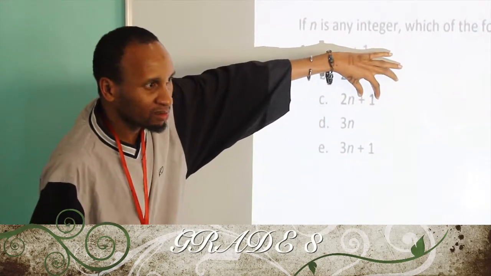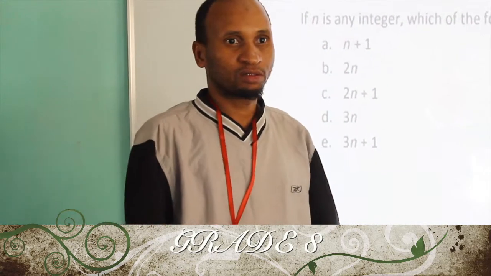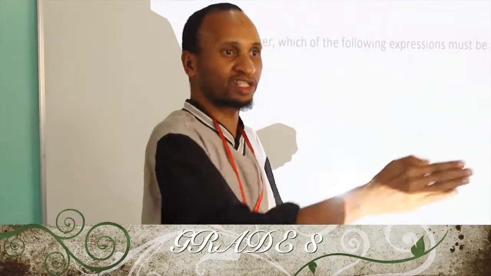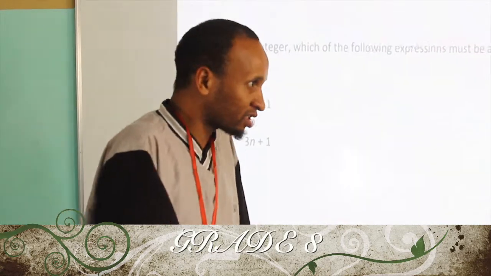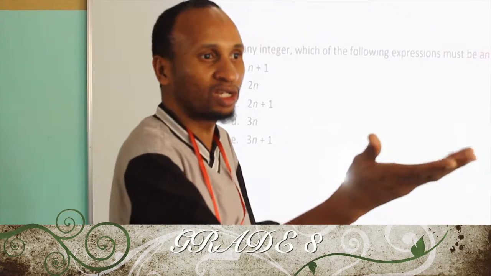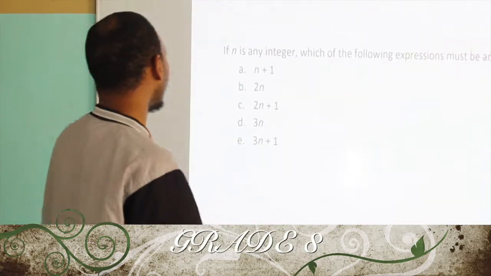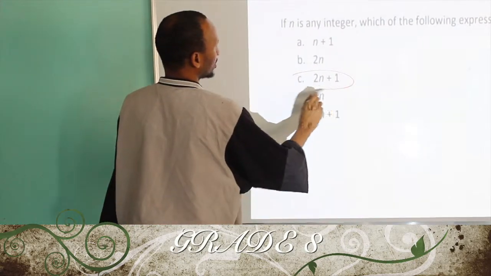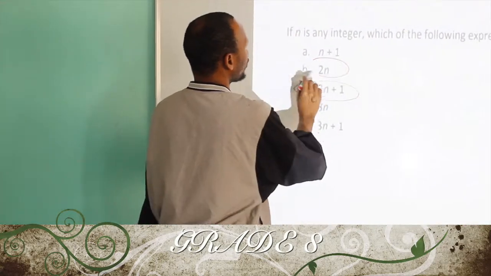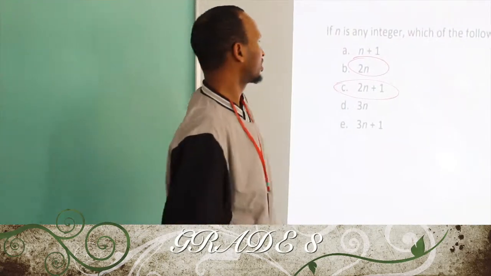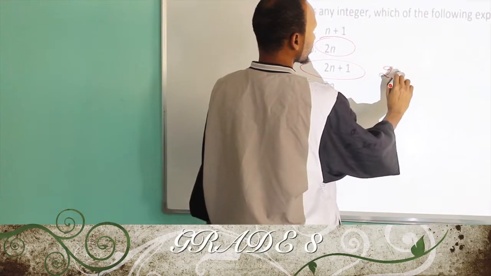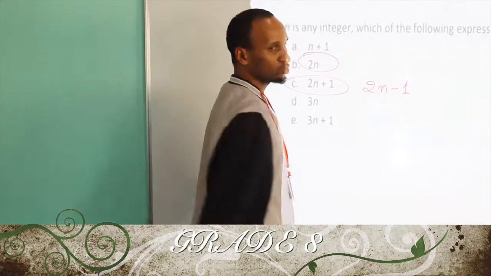Plus 1 is going to be odd, because even and odd numbers follow each other in the counting system. When one number is even, the next one after that is going to be odd, and then the next one after that will be even. This is the formula for odd numbers, and this is the formula for even numbers. Odd numbers, you can represent them 2n plus 1, or 2n minus 1.